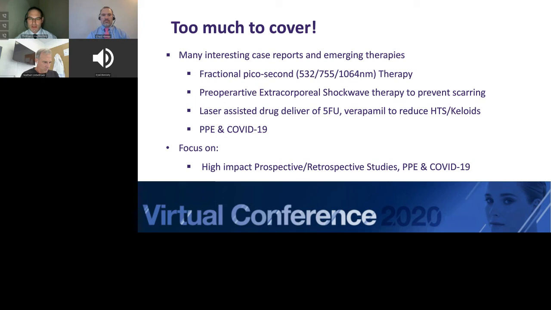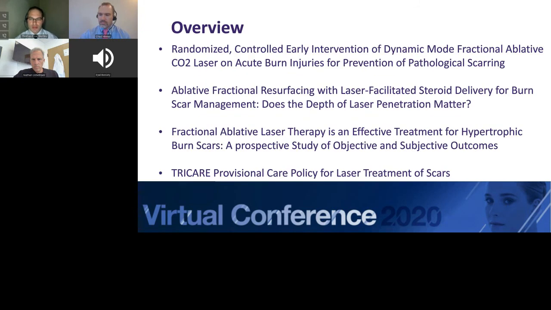We've heard some very good suggestions on settings and densities, but hopefully what you'll see over the next few slides is something to help you think about how you want to adapt those settings based off of what kind of response you're seeing in your patient population. So as an overview, these are three of the article titles that we're going to go over.